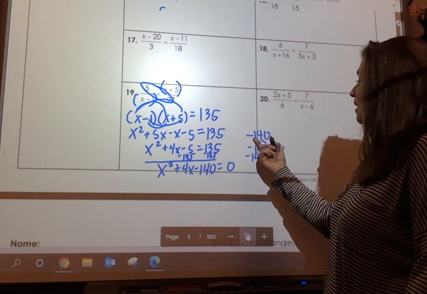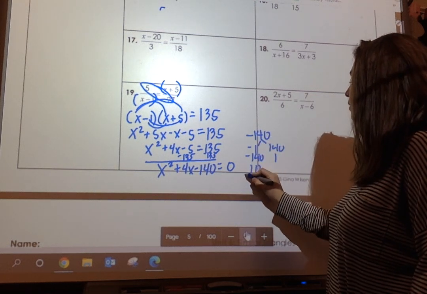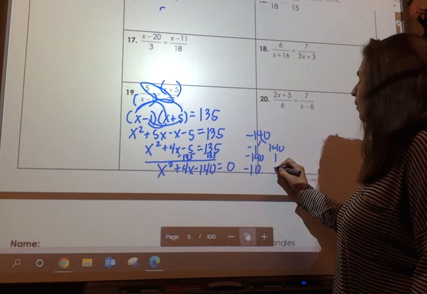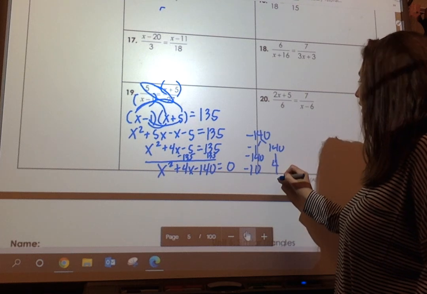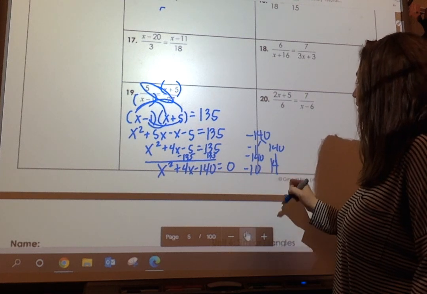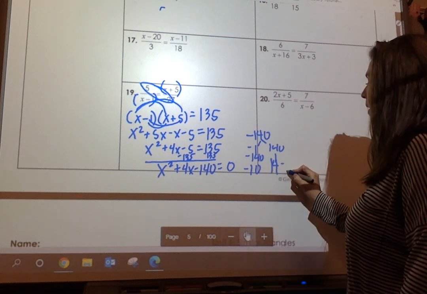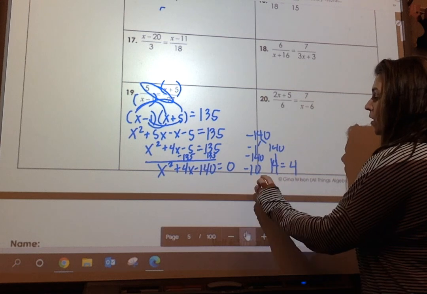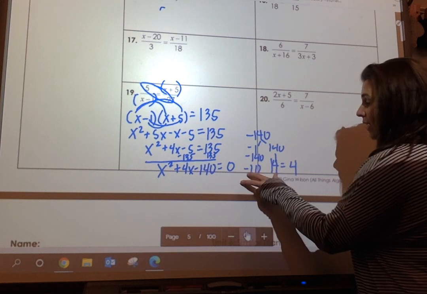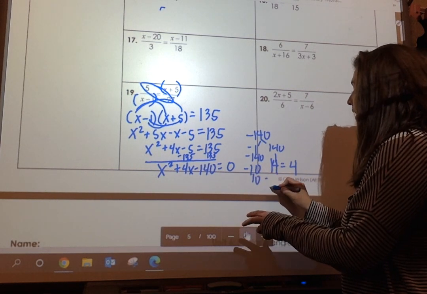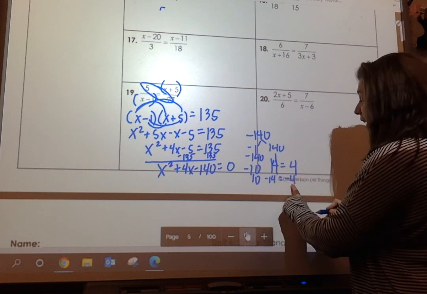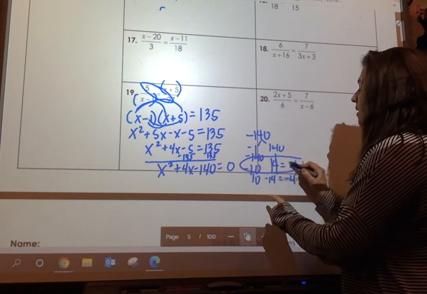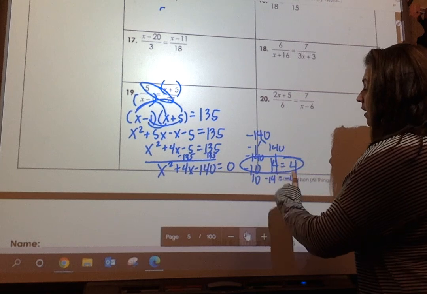I know 10 and 14. So negative 10 and 14 are a positive 4. You've got to get your signs correct because a positive 10 and a negative 14 would produce a negative 4. But I need a positive 4. So it's negative 10 and 14.